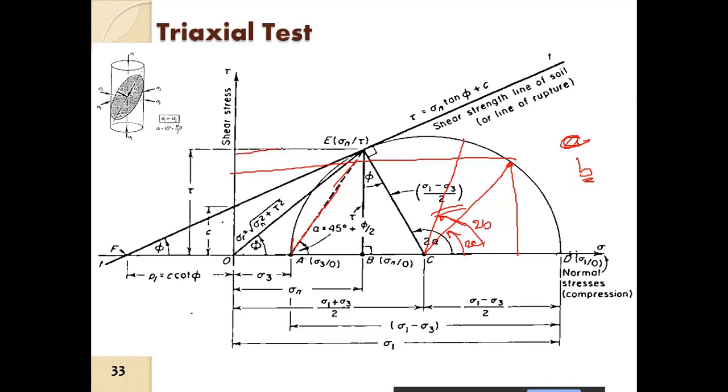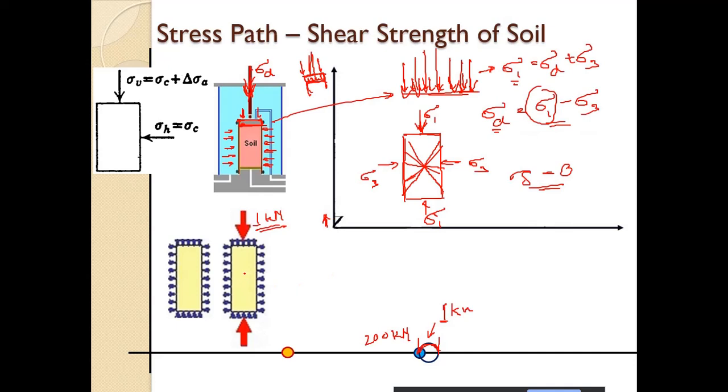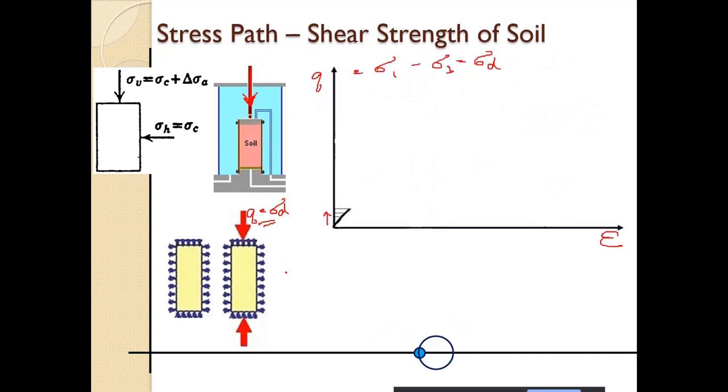This is the shear stress and this is the normal stress. So the Mohr circle defines the stress state at a point. It includes all the planes passing through that point. So that is the concept of the Mohr circle.